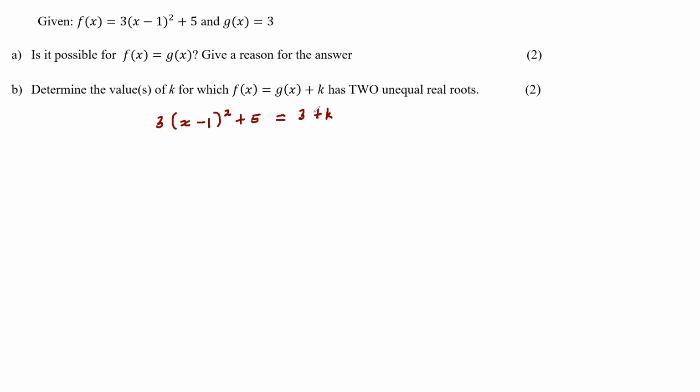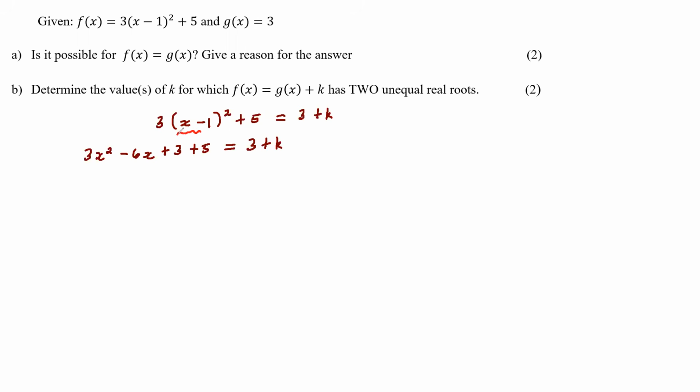I think we can now play around with some maths here, maybe open up the brackets, maybe identify a, b, c from there on. So when you open up the brackets totally, eventually you're going to have 3x squared, and then minus 6x, and then plus 3, and then plus 5. All this is equal to 3 plus k. Please, guys, don't make mistakes when it comes to algebra.